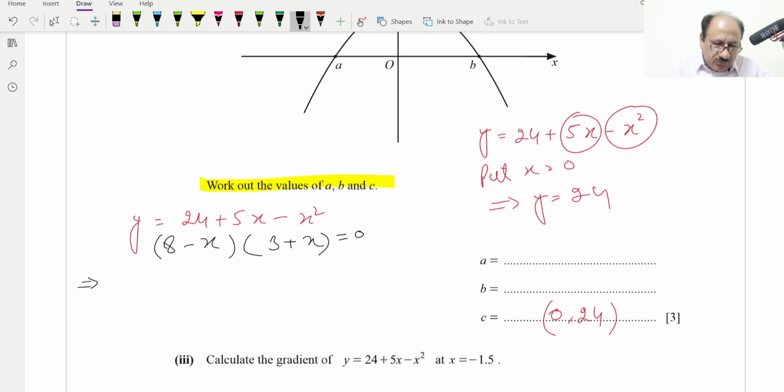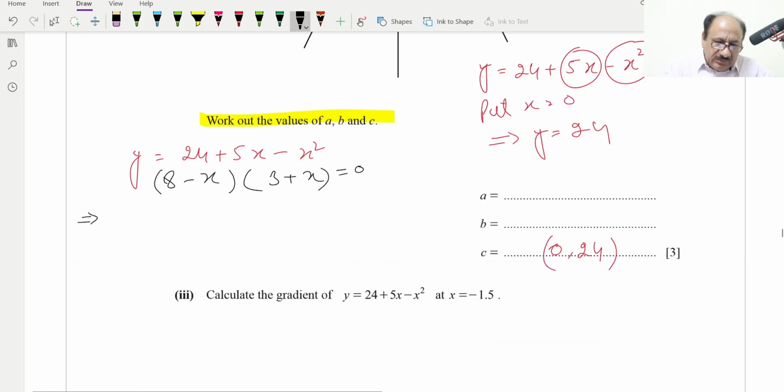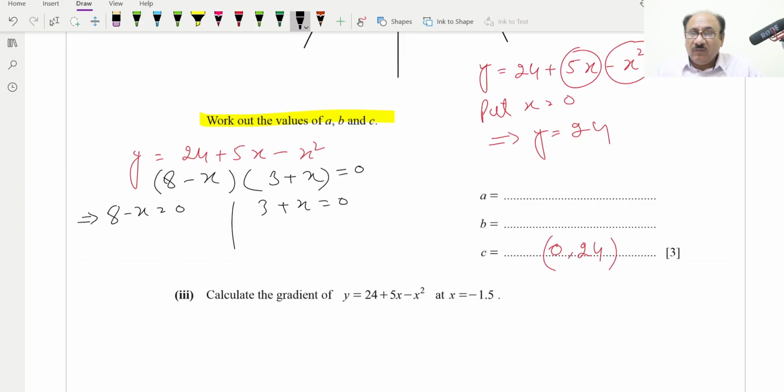So this implies what? This implies 8 minus x is equal to 0, or 3 plus x is equal to 0. One of them is equal to 0. So x will be equal to 8, and in this case x will be equal to -3.